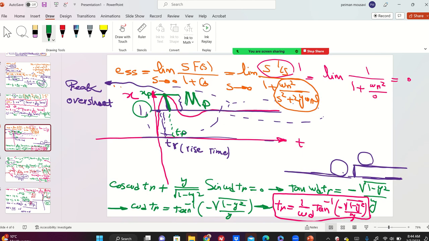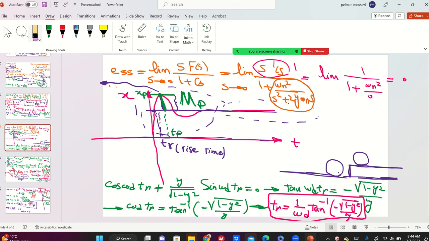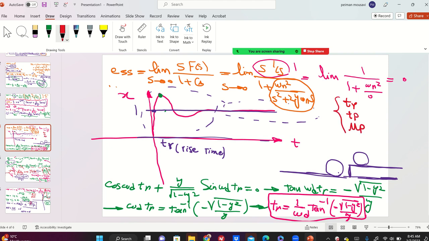But we are not done with the parameters, because we have another control parameter that we have to cover after teaching you this, then I will go to MATLAB. These are parameters, as I taught you, like the rise time TR, TP, MP. These are parameters for the transient response, for this area.